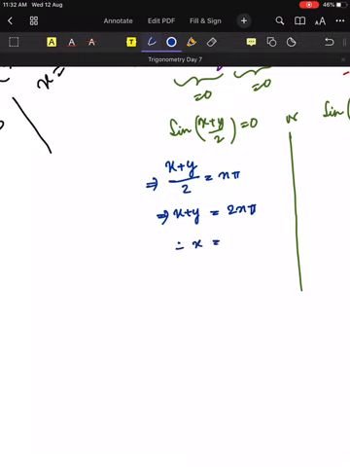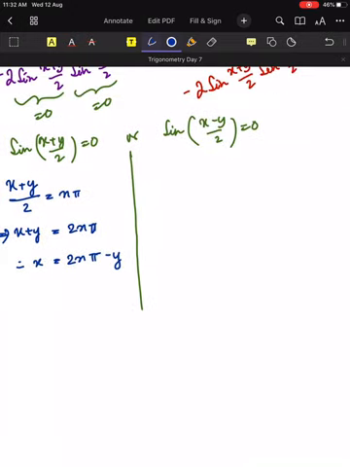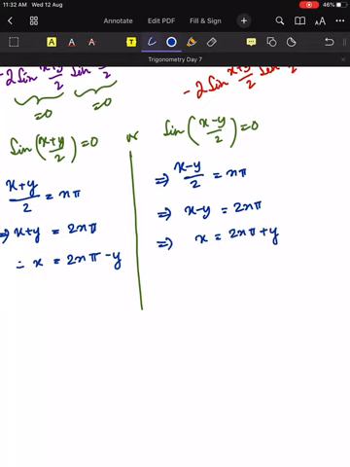Therefore x is equal to 2n pi minus y. Now here we will have again the same thing. Sin x equal to 0 when x is equal to n pi. So x minus y by 2 is equal to n pi, and we have x minus y is equal to 2n pi. So x is equal to 2n pi plus y.